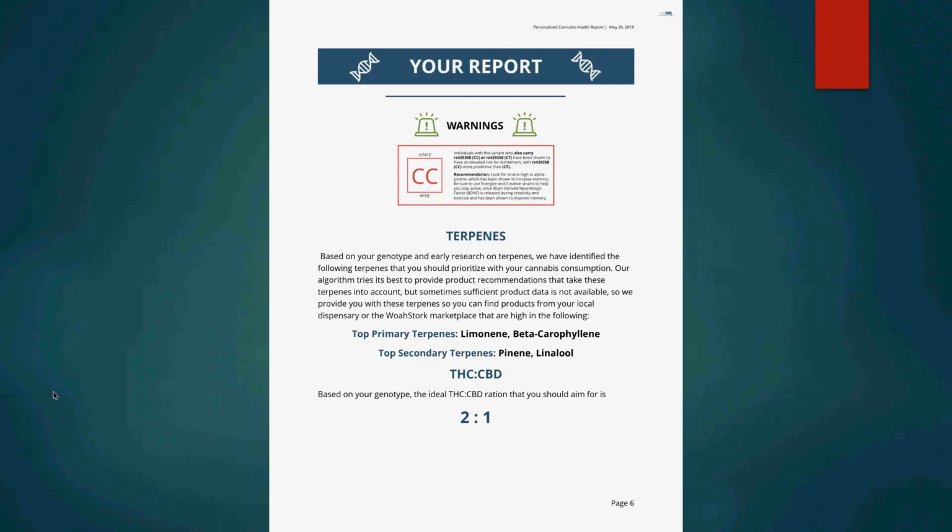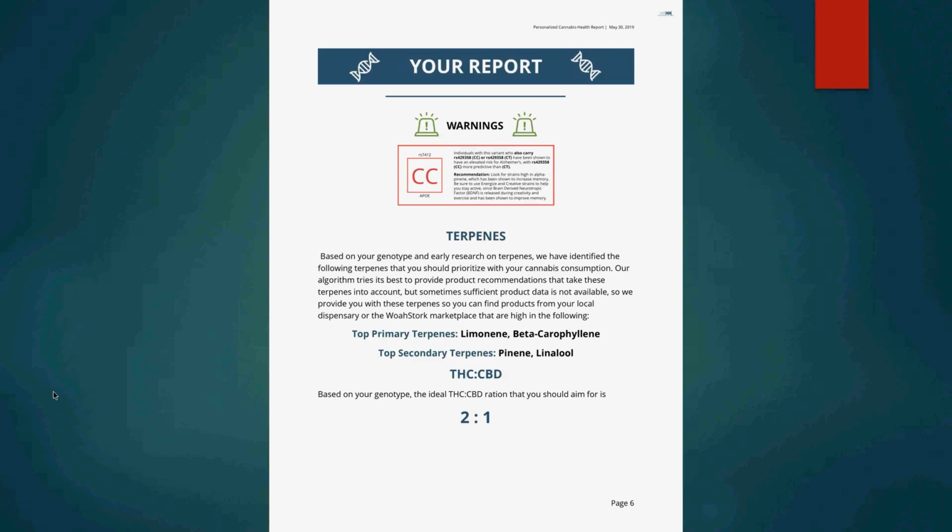Unfortunately, some people do give up, and that's unfortunate, because then they're forced to go with different types of treatments for their conditions, which may or may not work for their body either. So if you can get this report in front of somebody that is getting ready to go out and seek a cannabis product, this is definitely going to help them. It's going to save them money, number one, and not in any order, but also can save them from health problems. Okay, that should be the top.